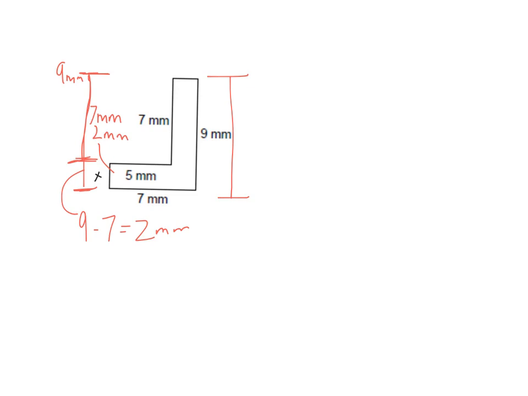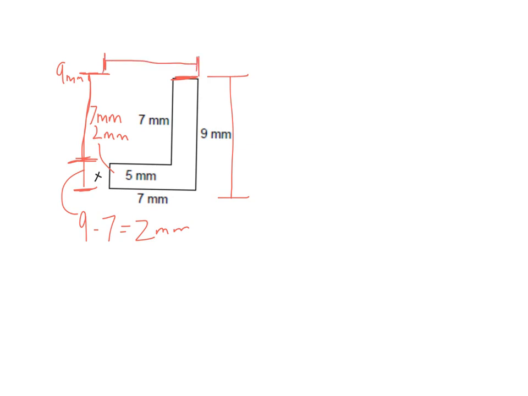Alright? Now I also need to know what this one is up here. So same thing, I go to look at the opposite side. The opposite side is 7 millimeters. So that means up here I can draw a line that I know is 7 millimeters long from here to here.